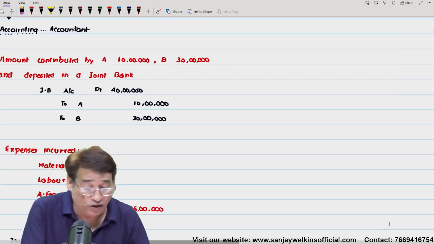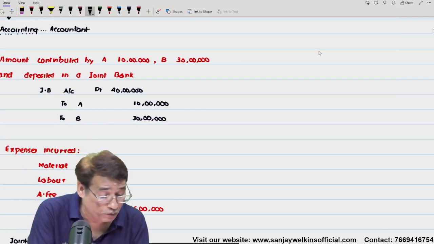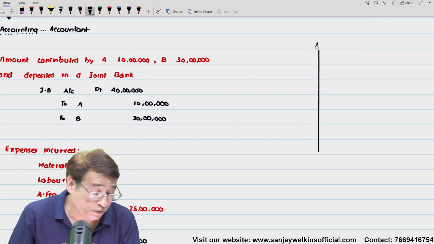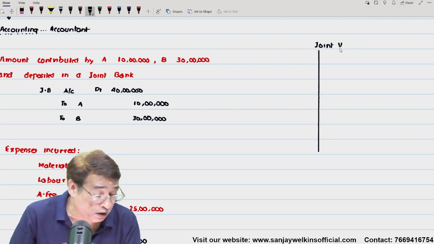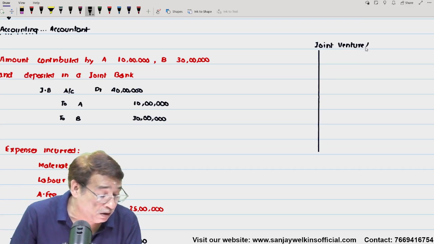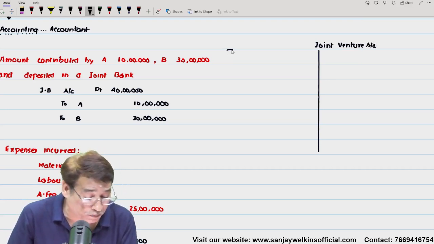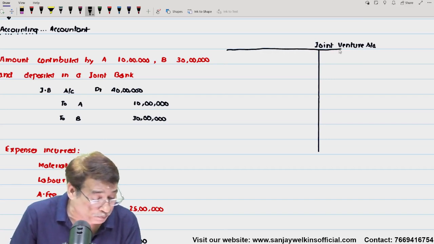As far as ledger accounts are concerned, under this method we are going to prepare a joint venture account, and we will see that the joint venture account is a nominal account, and it is prepared to find out loss or profit in the joint venture.